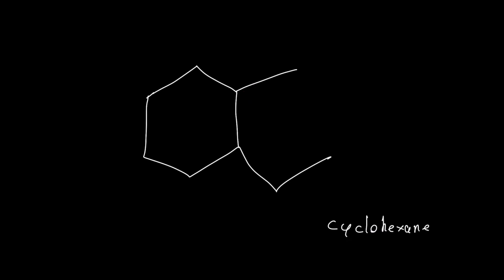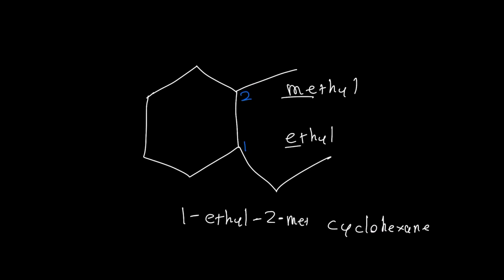In this situation, we're going to count from bottom to up so that the ethyl is on carbon 1, because ethyl starts with E, methyl starts with M. E comes first in the alphabet, so if it is possible that the numbers are the lowest, we're going to prioritize ethyl. So this is going to be 1-ethyl, and then we have the methyl on position 2, 2-methylcyclohexane.